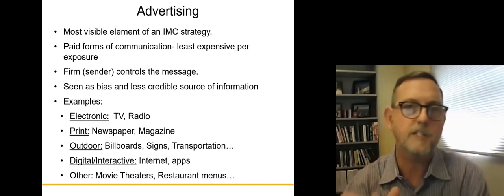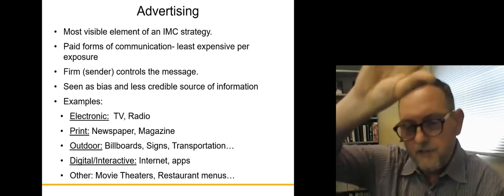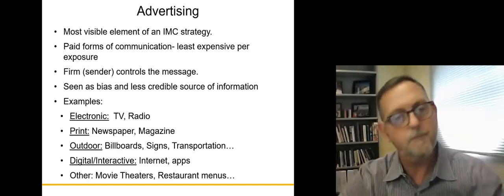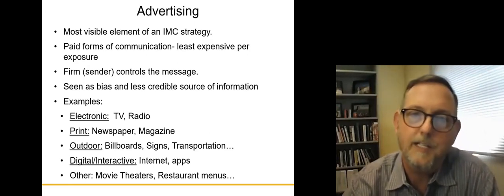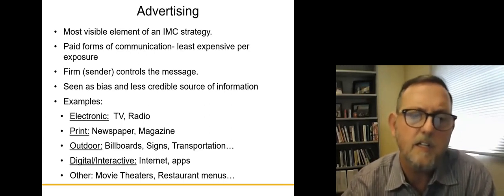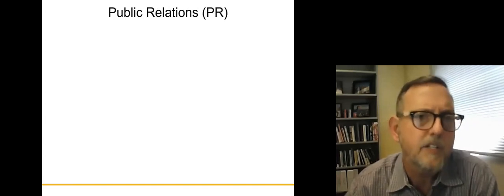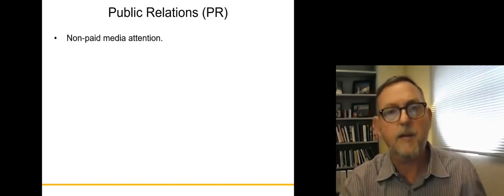Other places might be movie theaters, restaurant menus, flying over the beach. You'll see an airplane with a banner advertising that way. So lots and lots of different ways we can advertise. Places, mediums, they all have pros and cons to them. In fact, there's a whole other chapter that talks just about advertising for you to think about.